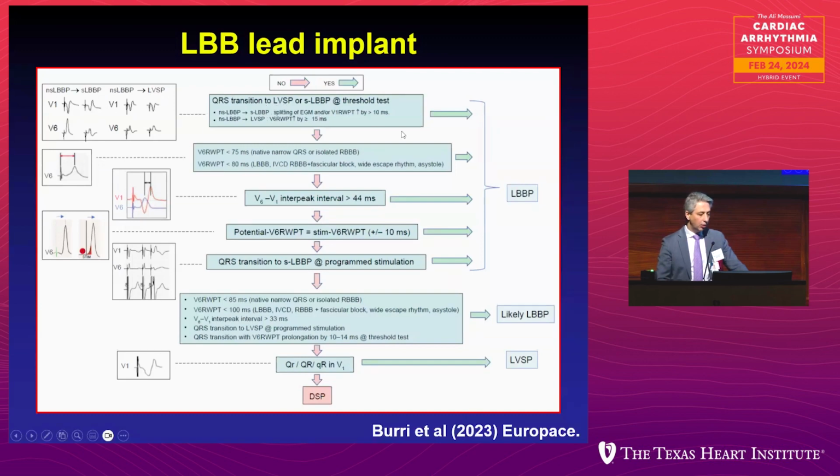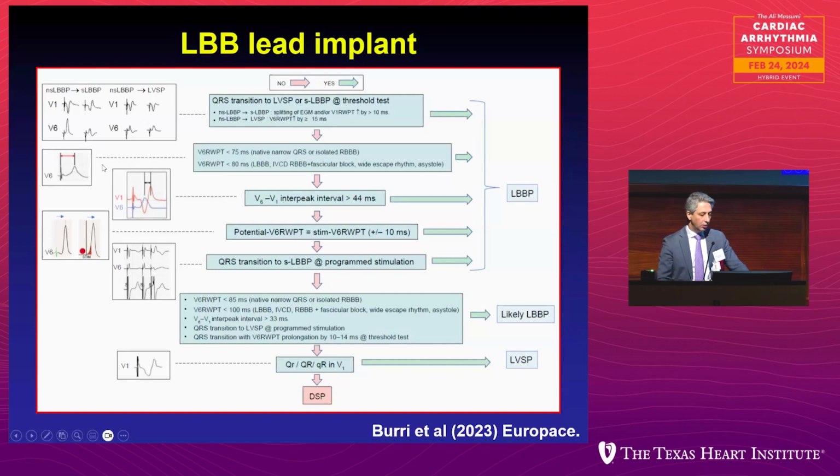So as you decrease the output, you are going to see a transition, and that will suggest that you did capture the left bundle area. Next criterion: sometimes the effective refractory periods of the ventricular muscle and conduction system may be quite similar, so you may not observe that.